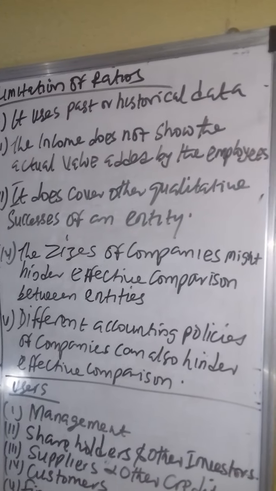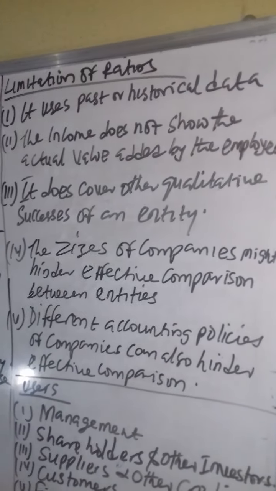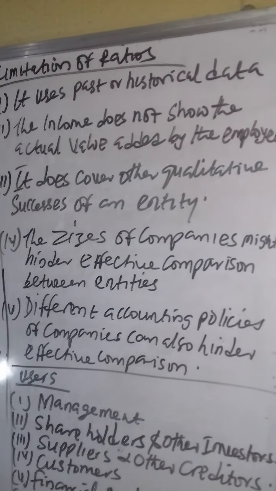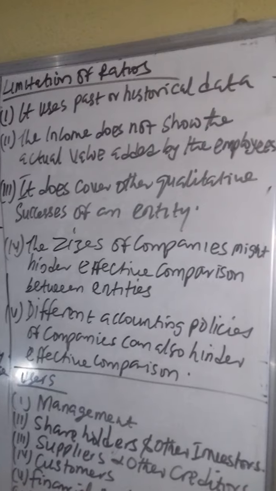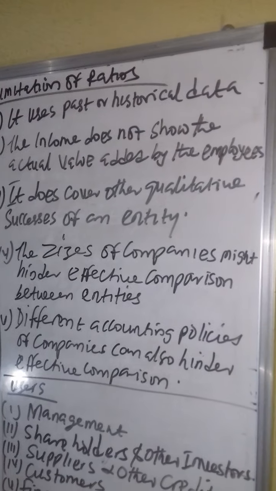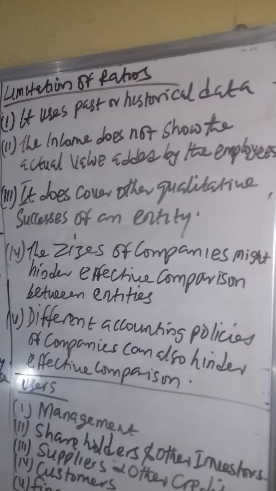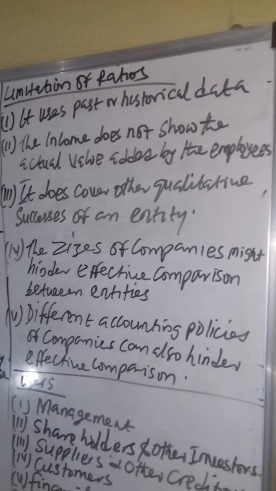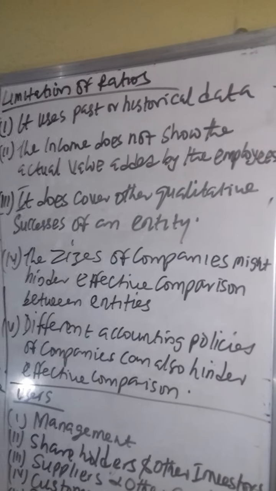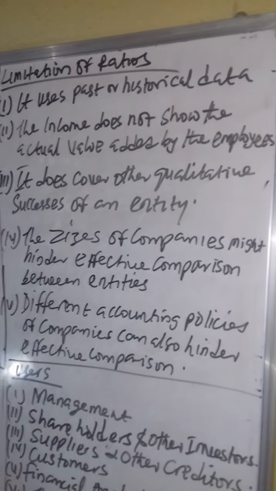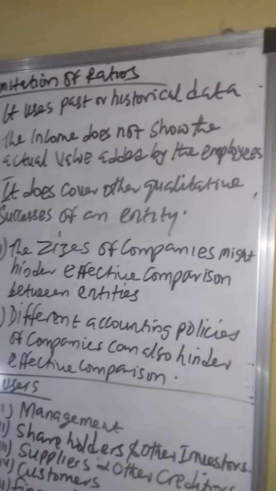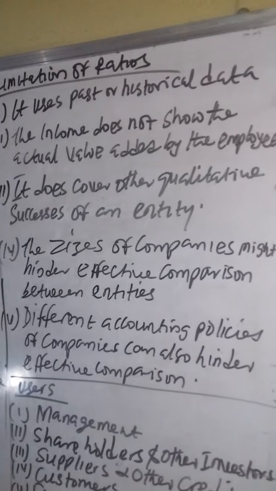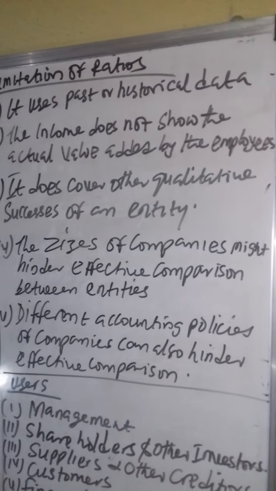That may not be very useful going forward because situation may change, inflation may arise, there may be other economic factors that will not allow the use of old data in preparing for the future. So one disadvantage is that when you apply ratio analysis of the past, you must consider other factors of the present and the future.